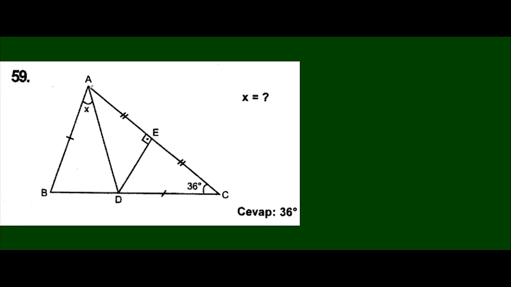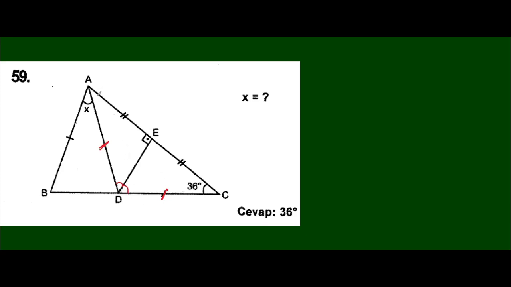So in triangle ADC, we can see that the DE line is the height, altitude, and also the median. So it will be also the bisector, and this side AD will be equal to DC.